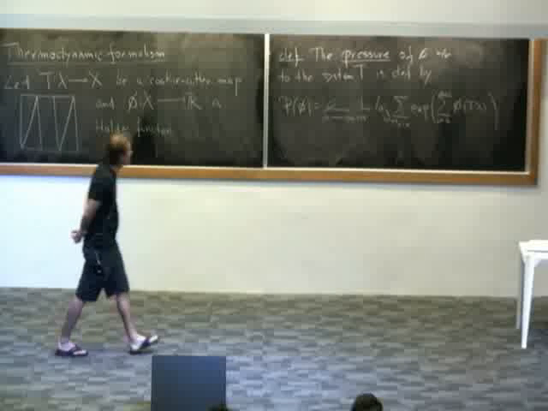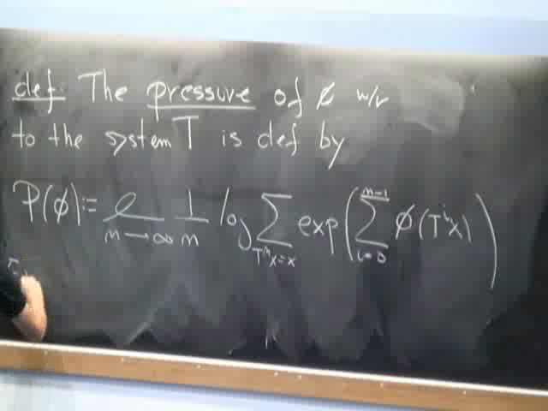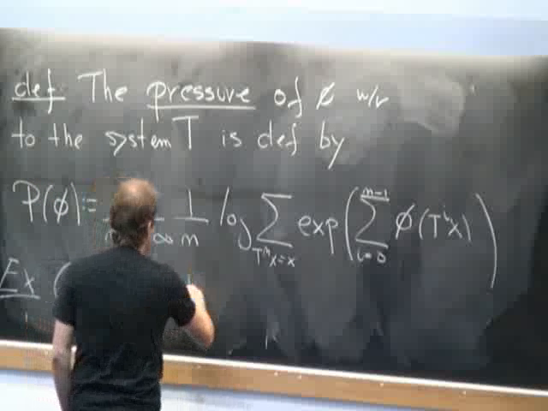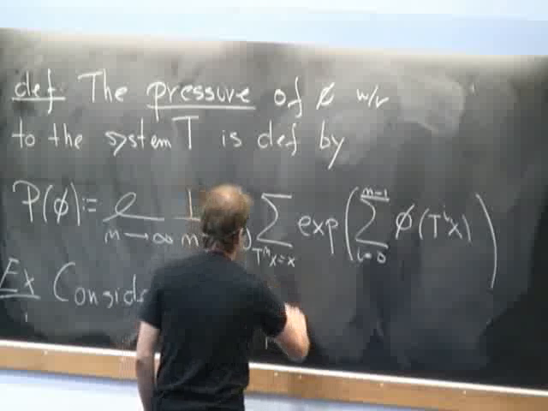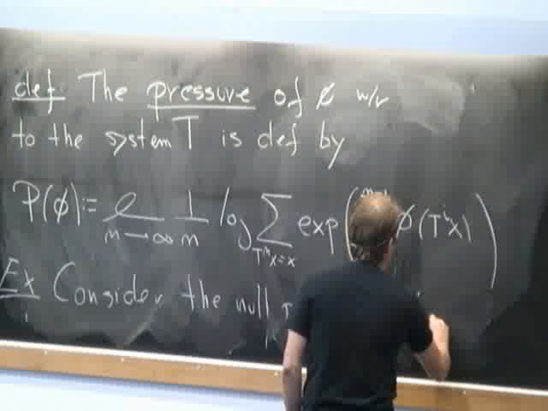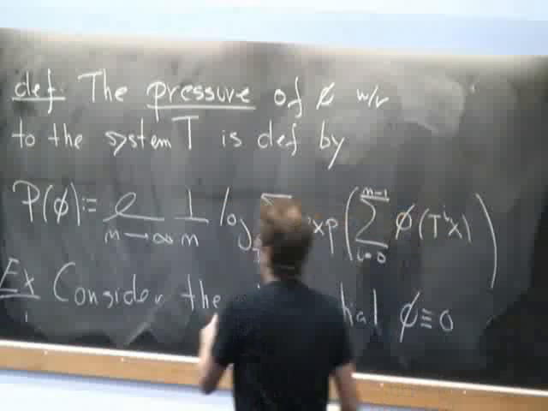The first thing that I would try is to consider the null potential. That is the map that's equal to 0 everywhere. Then what is the pressure of 0?